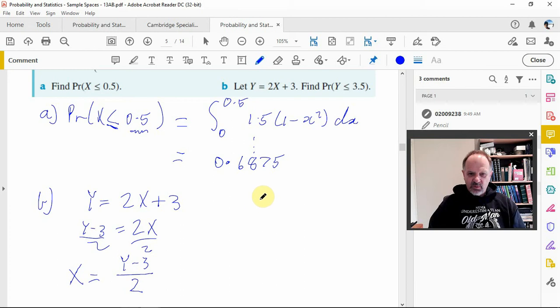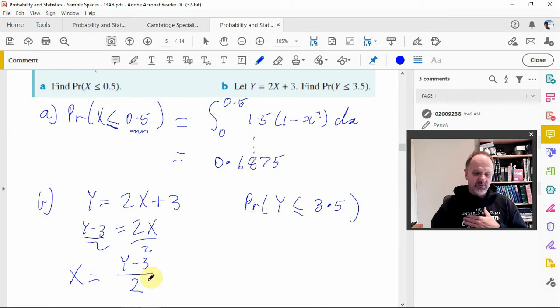And so what we are after in the question is the probability that y is less than or equal to 3.5. So we're going to change that, because x, which we know the probability of, is related to y in this way.